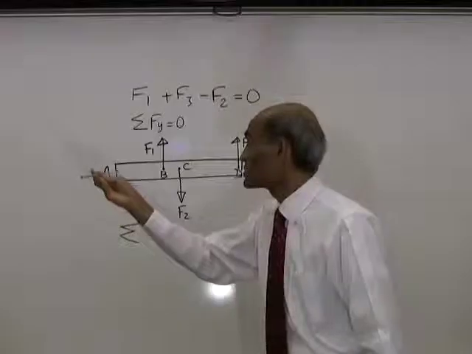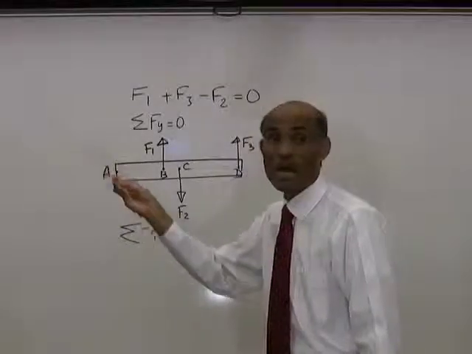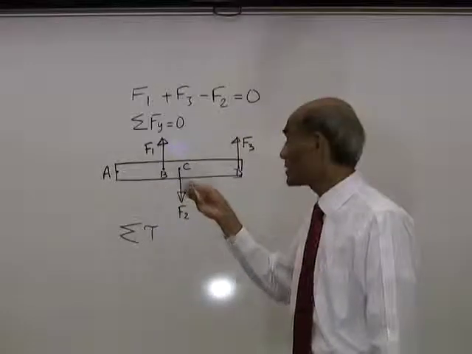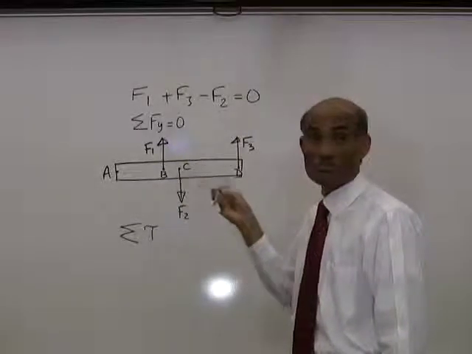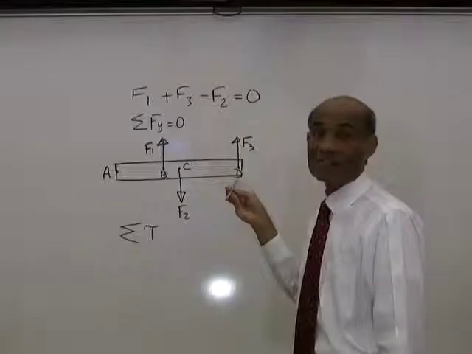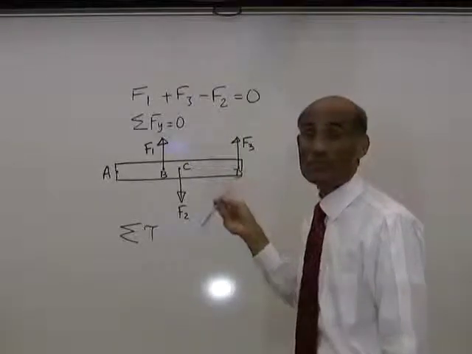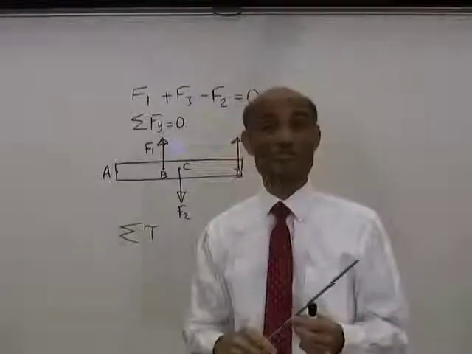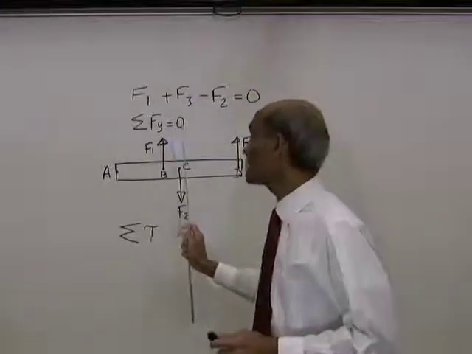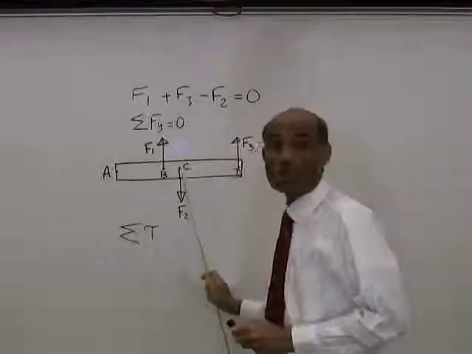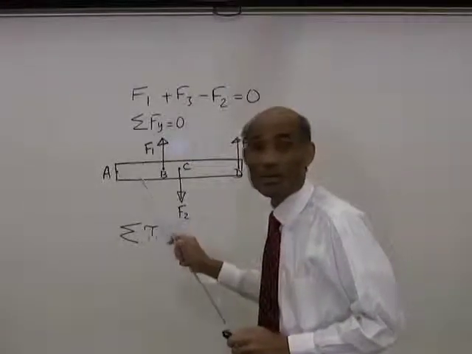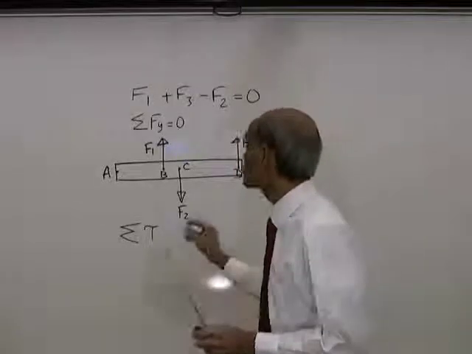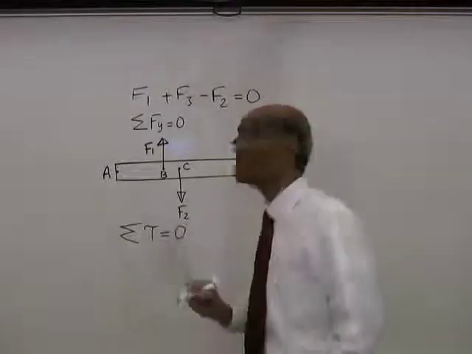Now here I can take an axis that passes through A, I can take an axis that passes through B, I can have an axis that passes through C, I can have an axis that passes through D. The object should not rotate about any of the axes. That means if you take the torques of all these forces about any axis, the sum of all those torques must be equal to 0.